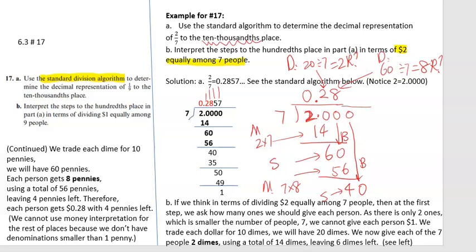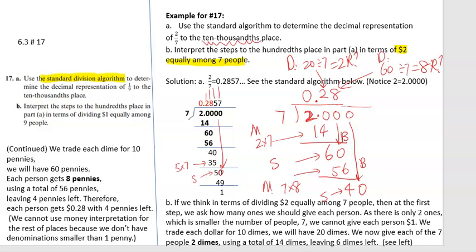So 40 divided by 7 gives us at most 5. Then multiplication, 5 sevens gives us 35, and subtraction: 40 minus 35 is 5. Then we bring down another 0. We can keep adding zeros. Now 50 divided by 7 is at most 7. Then 7 sevens are 49, with the remainder 1.